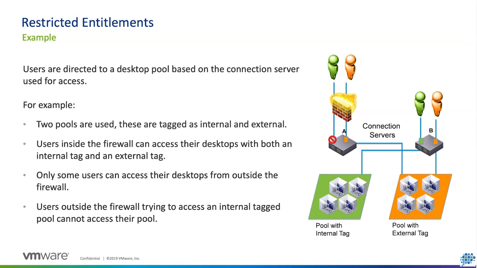So users from a corporate LAN access the connection servers with the internal tag and can therefore only access the internal desktops. The same thing counts for connection servers having an external tag and desktop pools with non-sensitive data that have an external tag, so that users coming from the internet to these connection servers are only eligible to access those external tagged virtual desktops.